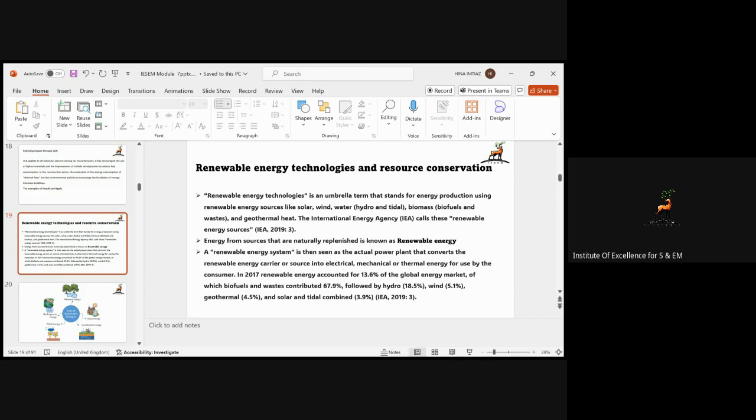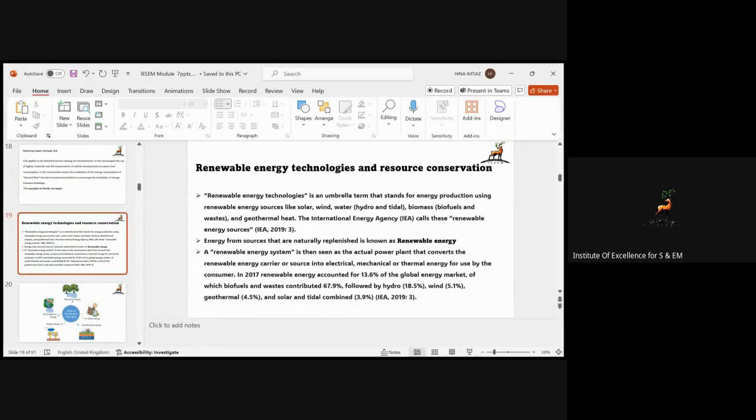The International Energy Agency calls these resources renewable energy resources. The energy from such resources that are naturally replenished is known as renewable energy, because they are not built in any power station, since their source is natural.